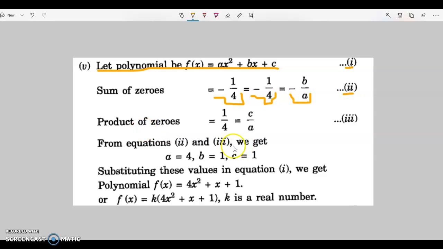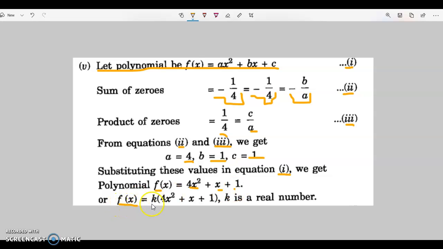Now the product of zeros, that is 1 by 4, is equal to c by a, which gives us equation 3. From equations 2 and 3, we get a is equal to 4, b is equal to 1 and c is equal to 1. By substituting these values in equation 1, we get the polynomial f of x to be 4x square plus x plus 1.